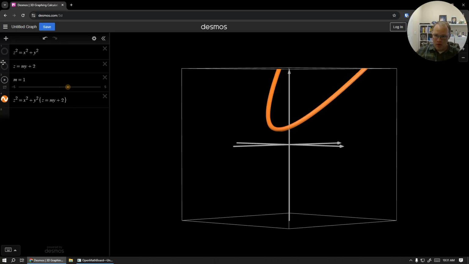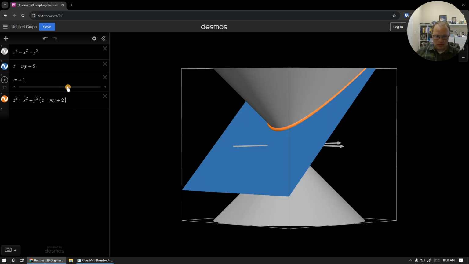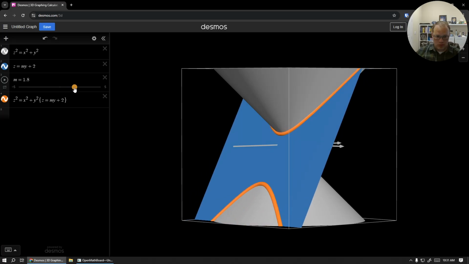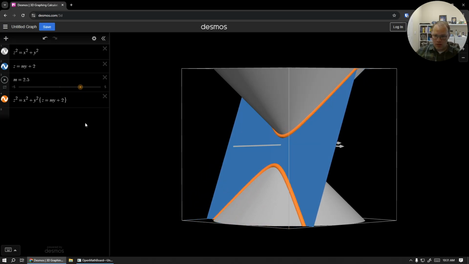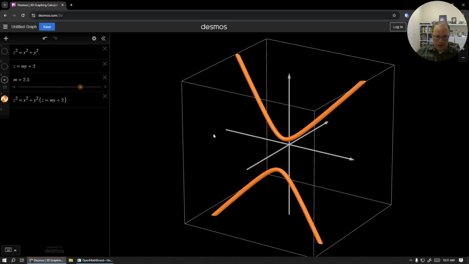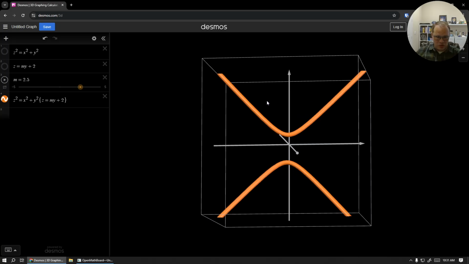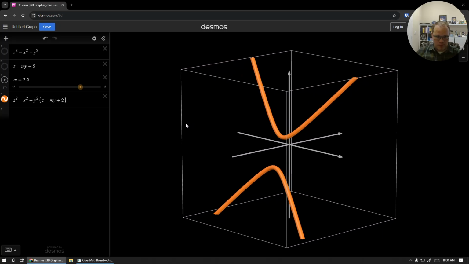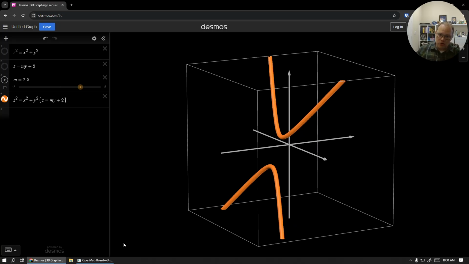And if I keep on going even further, then I end up with a hyperbola, which is this two-sided structure. Now, there are other structures that are possible, but these are the basics that we are going to cover.